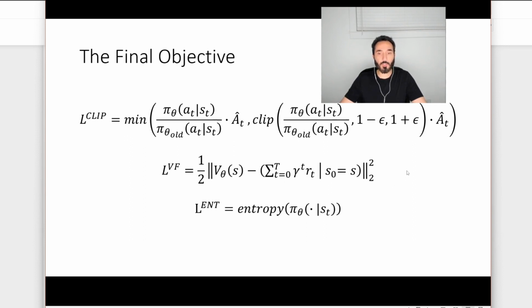But what are the other two losses that we have? The second loss, the value function loss, is related to the second head of the neural network. Remember, we had two different branches in our neural network, or you could in fact have two different neural networks. The second branch was trying to estimate how good or bad the current state is in general.